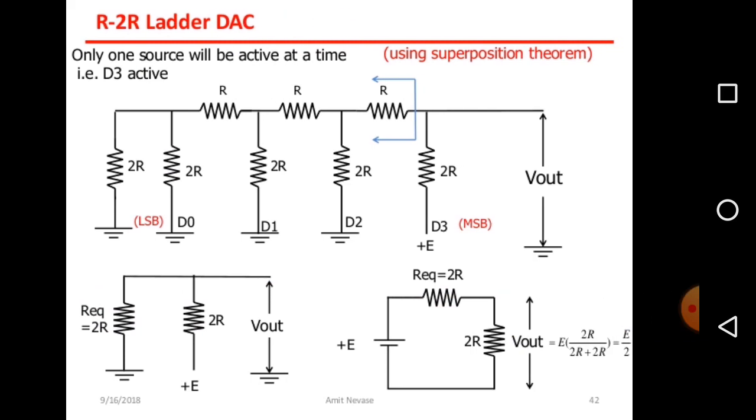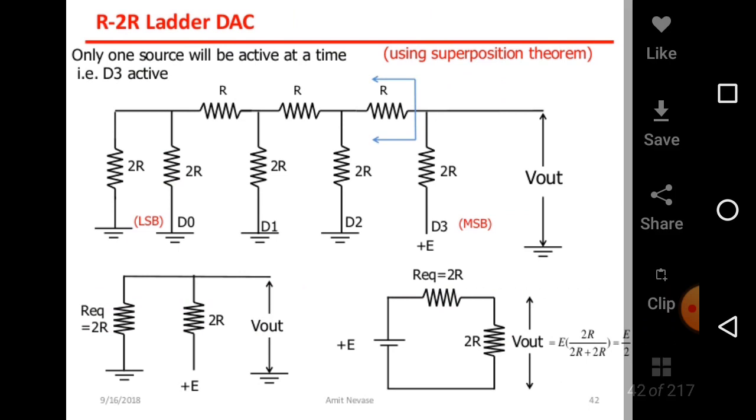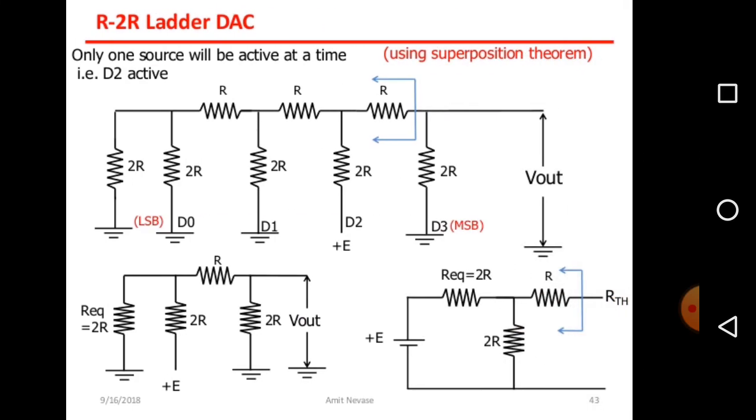Here you can see simplification using the superposition theorem. You can see in the slides only one source will be active at a time, that is D3 is active. Using the superposition theorem, it is solved in this slide. You can go through this. Here only one source will be active at a time, that is D2 is active.